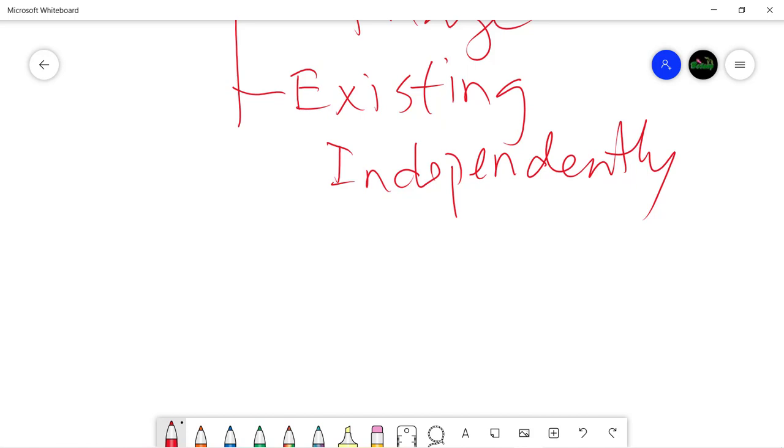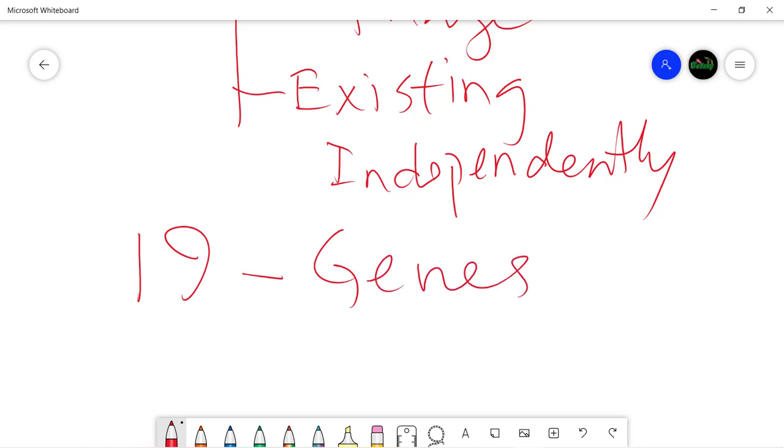The episome that we are talking about, which is the F factor or fertility factor, contains about 19 genes which are present in the bacteria, and this particular F factor makes possible the synthesis of F pilus or sex pilus.